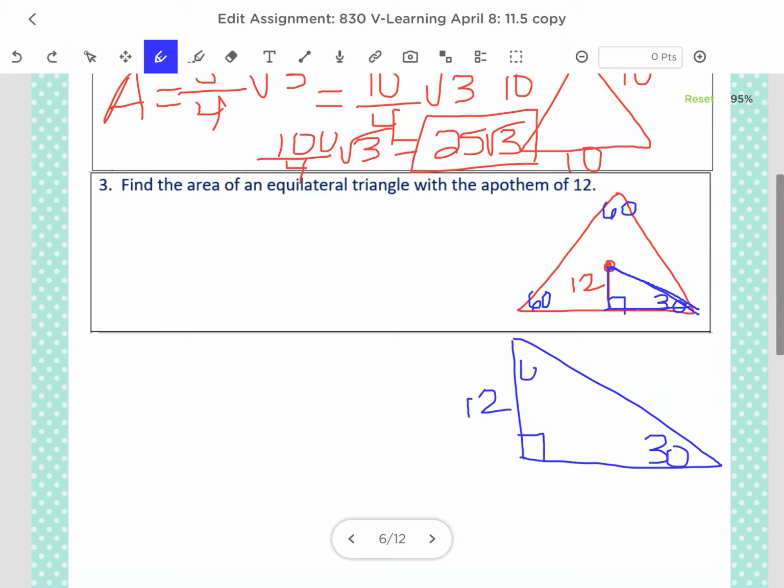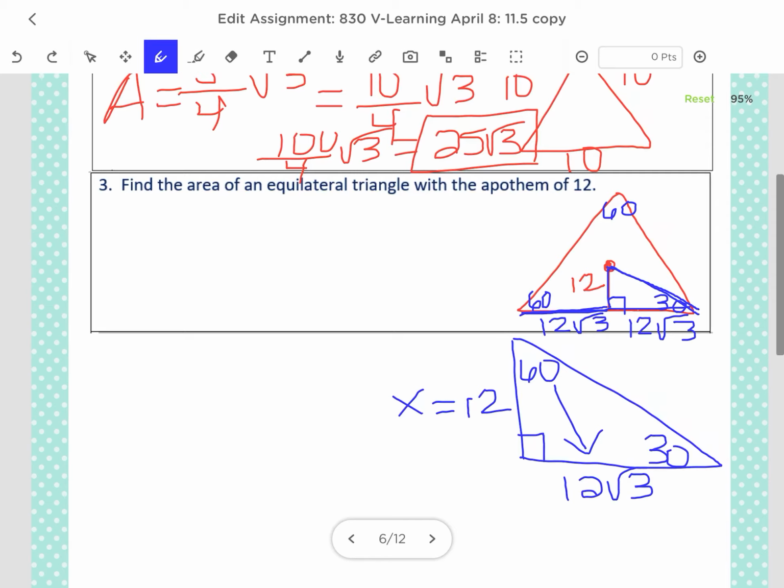I know this angle is 30. That automatically makes that angle 60. I need this side that's across from the 60, which remember, that's x root 3. Since our 12 is our x, this is going to be 12 root 3. Now, going back to the original figure, that is 12 root 3. So the apothem also is connected to the midpoint. So I know both of those are going to be 12 root 3.